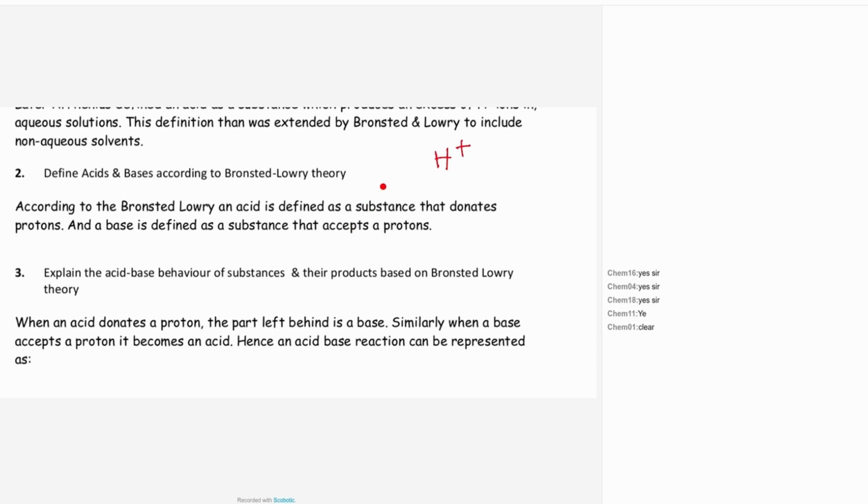So H+ ions here are protons, because hydrogen has a single electron. When this hydrogen's one and only electron is lost, the left behind part is H+, which is the proton. That's why we call the H+ ion the proton, right? Any substance which gives H+ ions is defined as the acid, and any substance which accepts H+ ions is defined as the base.